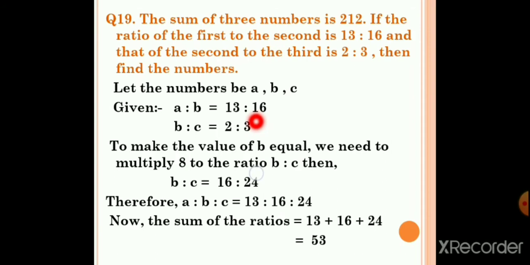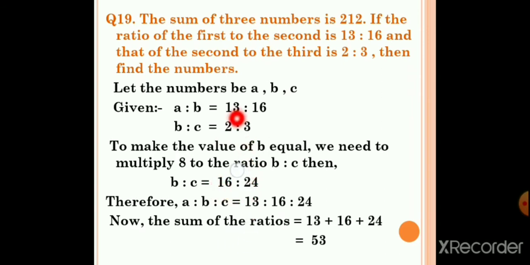What we can do is take the LCM. So to make the value of B equal, we can take the LCM of 2 and 16, which is 16. So we need to multiply 8 to the ratio B is to C. If I multiply 8 with the whole ratio, 8 2s are 16 and 8 3s are 24. So it has become 16:24.